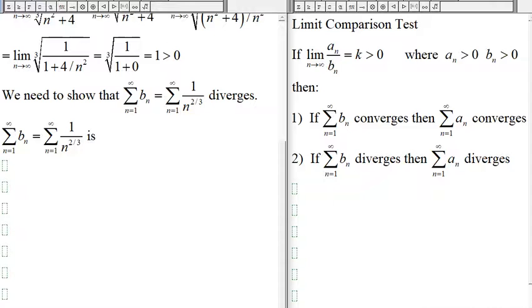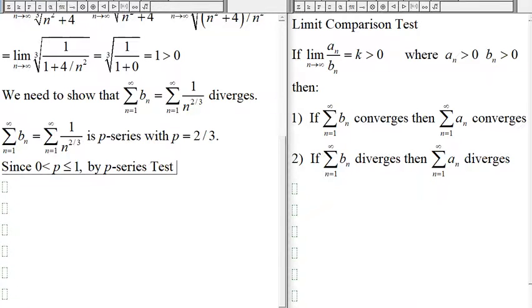This is a P series with P equal to 2/3. And since P is between 0 and 1, this series right here diverges.